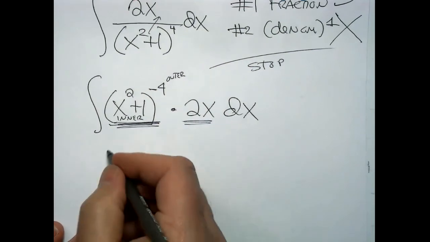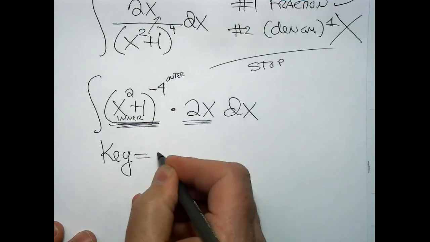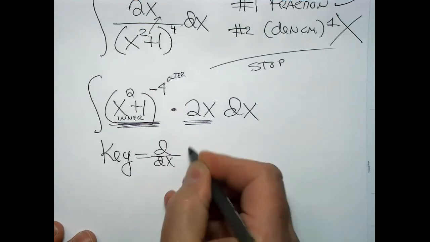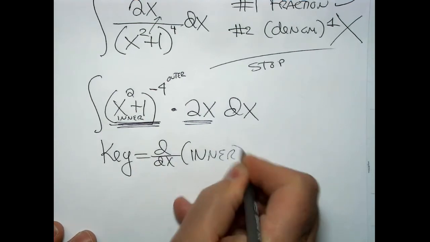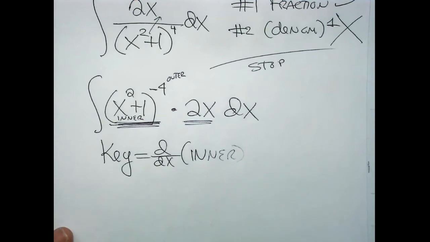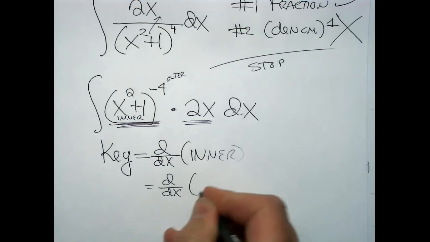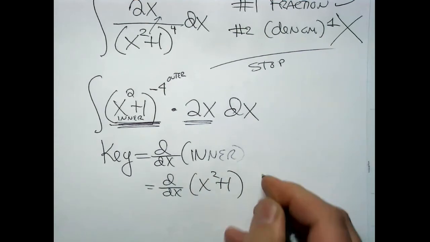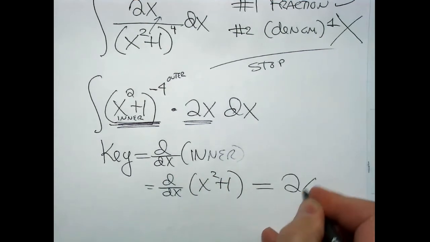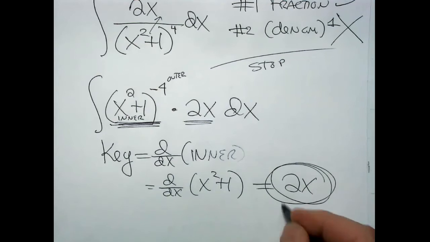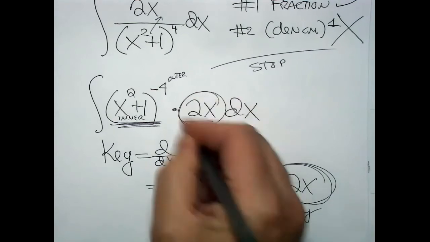And what is the key when you use the key method? Isn't it pretty much always the derivative of the inner function? Almost always, anyway. And so what is the derivative of the inner function? Well, that's convenient because the derivative of the inner function is 2x, which is my key, and the key's there.